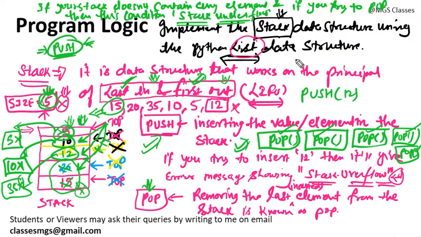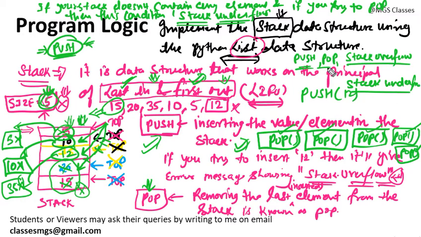You should know the push operation, pop operation, stack overflow, and stack underflow condition. If you know that much about stack, then we can go ahead and implement the stack using list. Push is basically to insert an element into the stack at the last position.